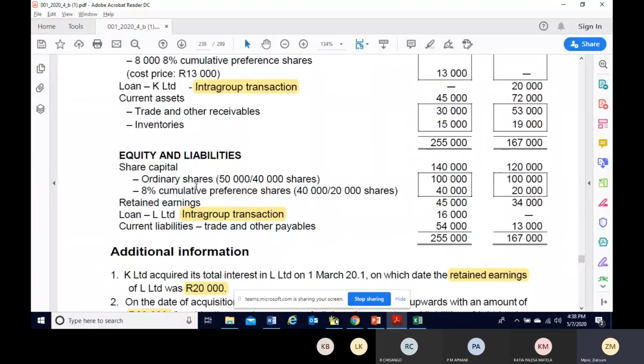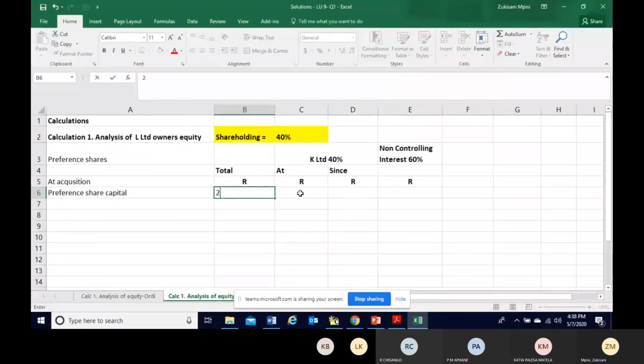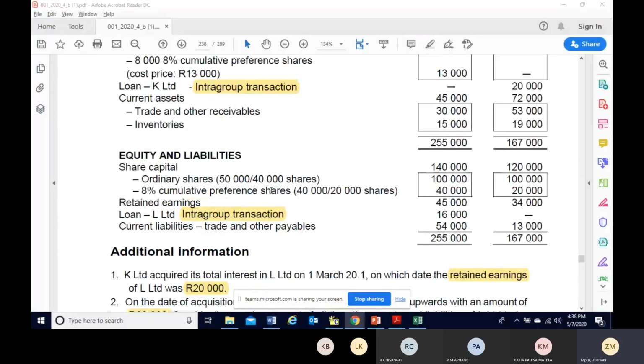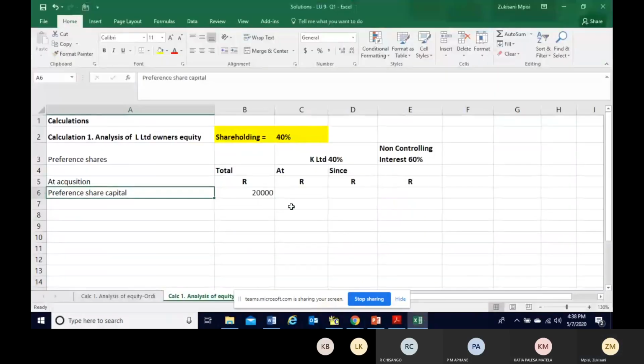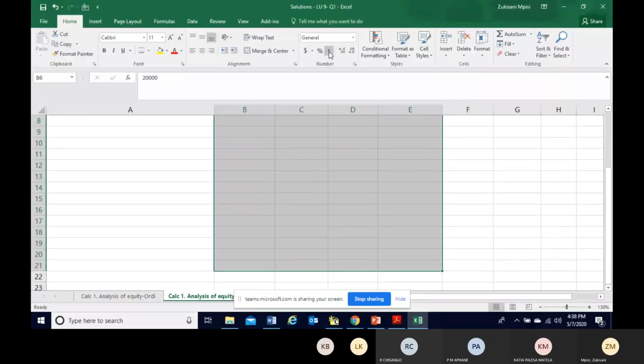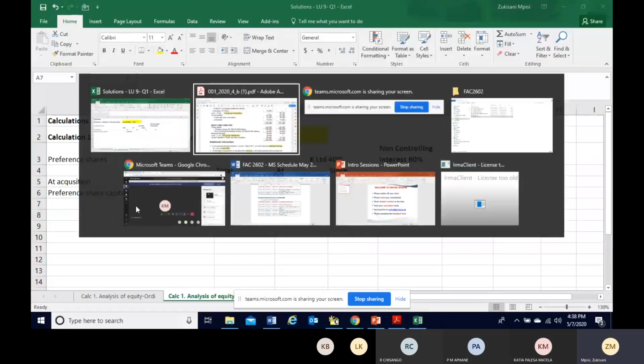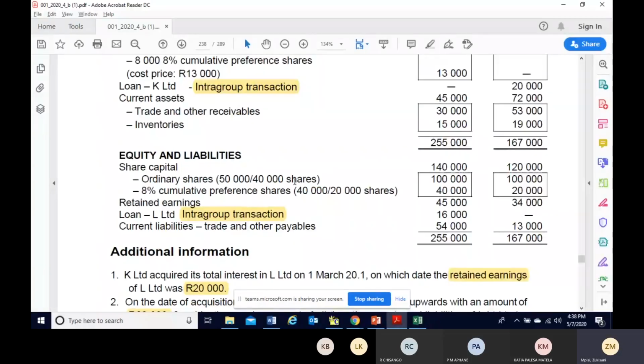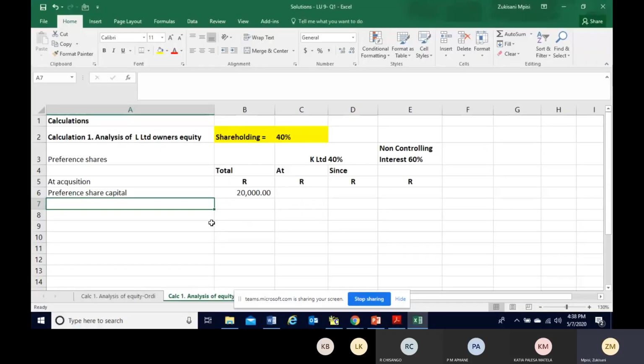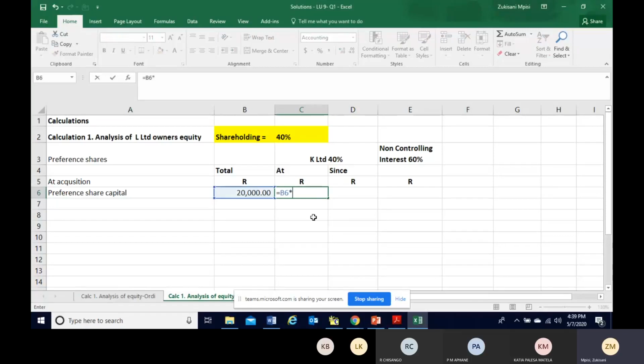Preference share is 20,000. So we do not have anything like retained earnings when it comes to this. So the 20,000 is shared between a 2 at acquisition.